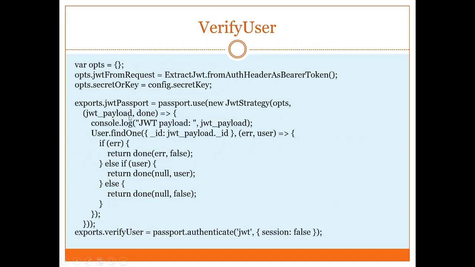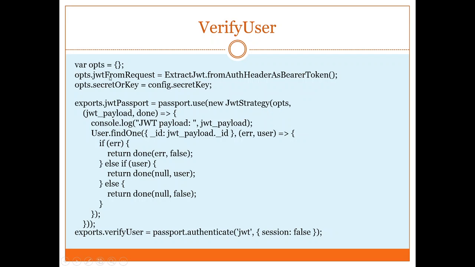Now, for the verification of the token, verifyUser uses passport.authenticate with JWT. If we see how we implemented the JWT strategy, we have implemented passport.use with a new JwtStrategy. In it, we are providing the options.